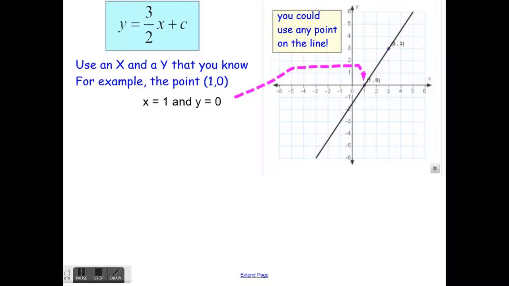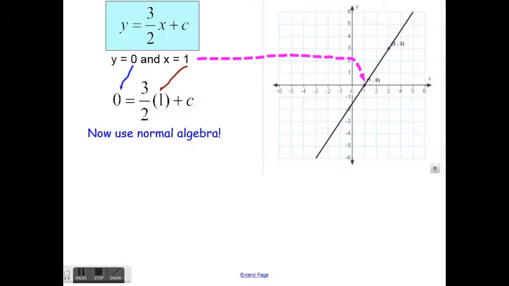So x is equal to 1 here, and y is equal to 0. So I'm going to take those x and y values and put them into my equation. So at that particular point, x is 1, y is 0, so I change y to 0 and x to 1. So that is now my new equation.